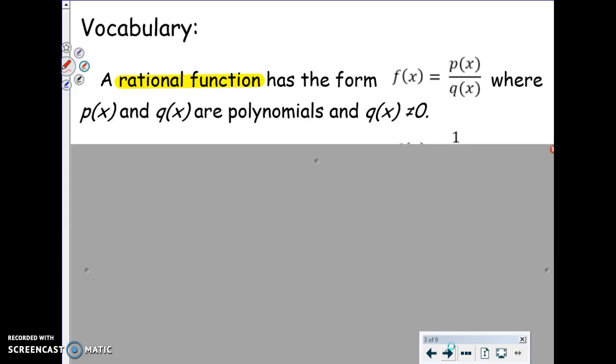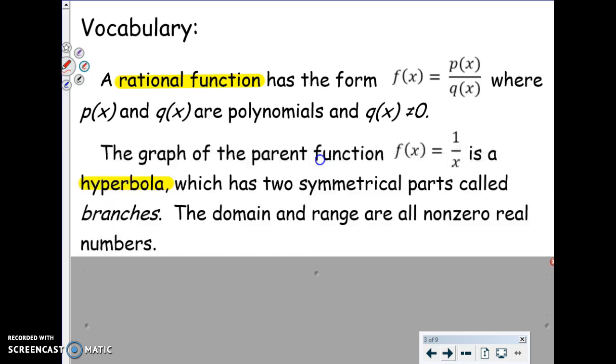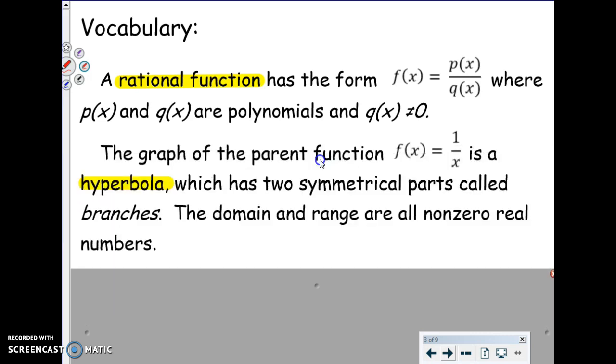Some good vocabulary to know is that we consider a rational function when it looks like one polynomial function divided by another polynomial function, and the bottom function, the denominator, can't be equal to 0, right? The graph of our parent function, 1 over x, is called a hyperbola, and it has two symmetrical parts, and we call those parts branches.